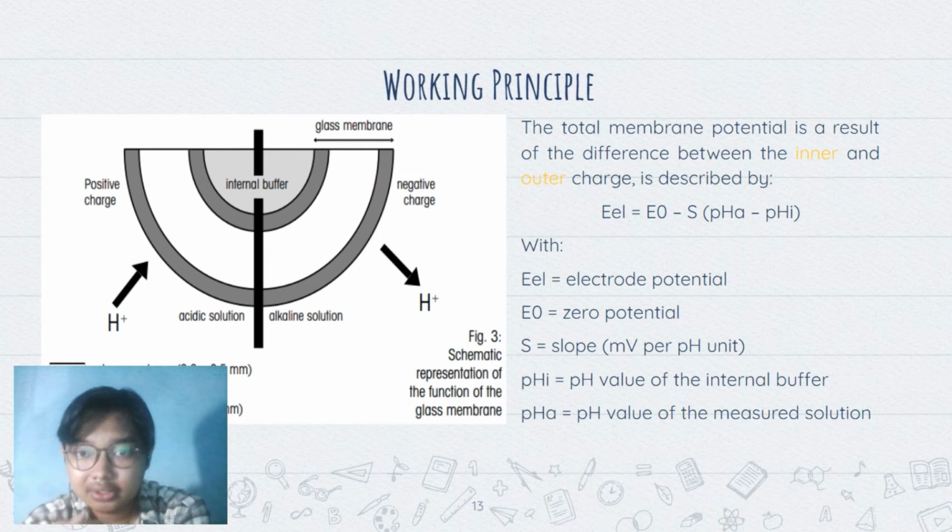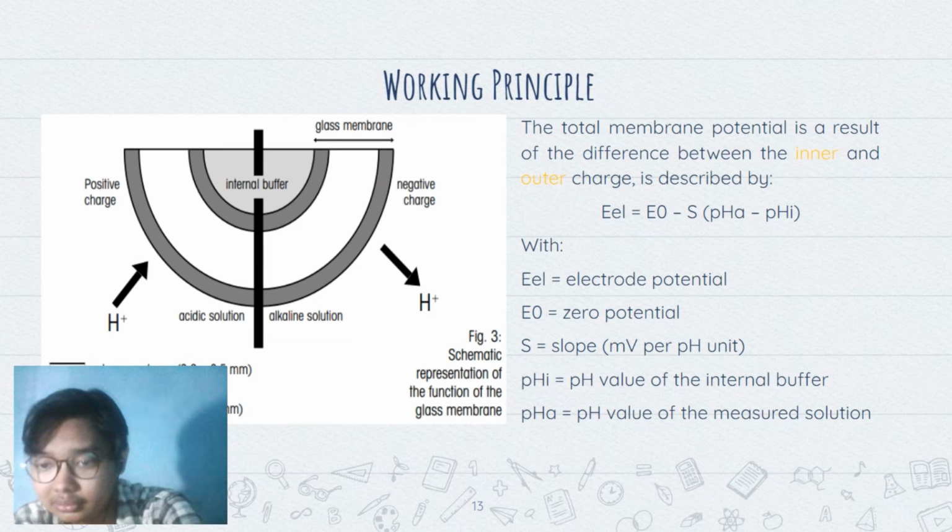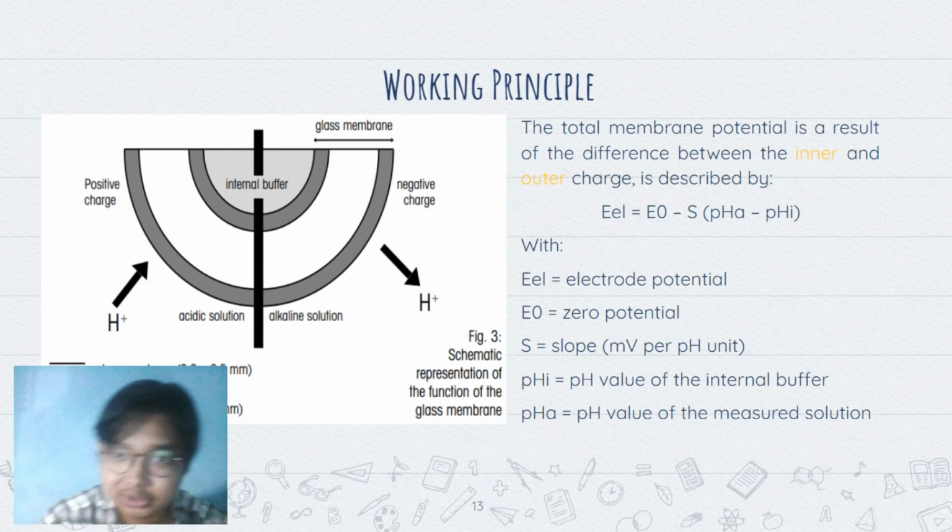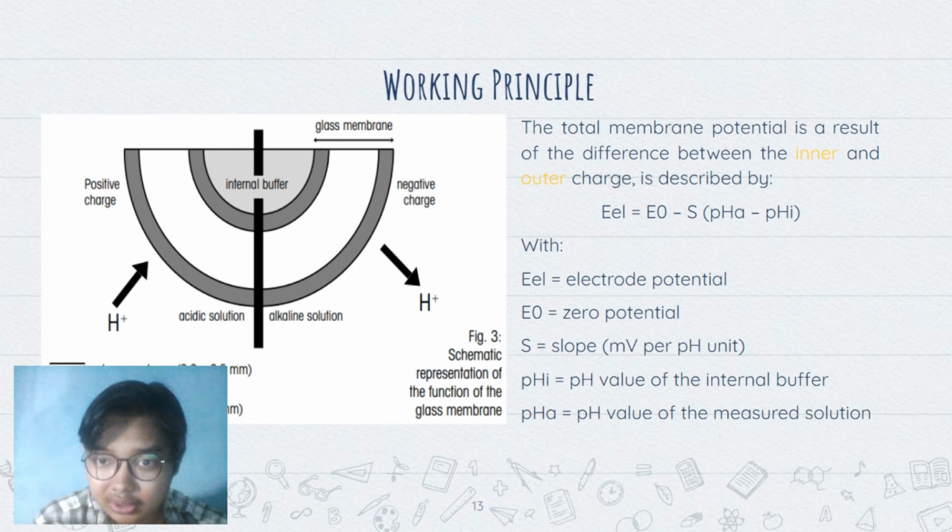The total membrane potential is the result of the difference between the inner and outer charge, and it is described with an equation. The electrode potential is equal to the zero potential minus the slope times the pH value of the measured solution minus the pH value of the internal buffer.